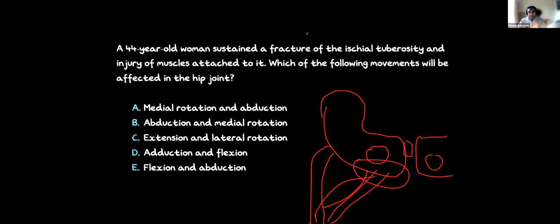Okay. So generally I'm looking for what functions. It's probably going to be, well, I would say adduction, and then that would be D. But at the same time, I also remember, just because of my knowledge of the leg, that muscles in the posterior compartment of the thigh connect to the ischial tuberosity as well.